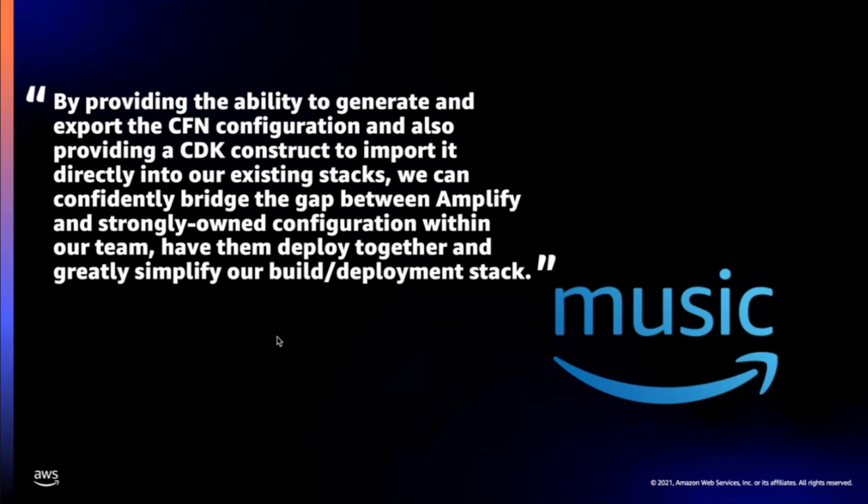And this is really helping them to deploy together and greatly simplify their build and deployment stacks. And Amazon Music is not a small app. They have almost 100,000 transactions per second. So when we say that Amplify scales, we really mean Amplify scales to any scale.